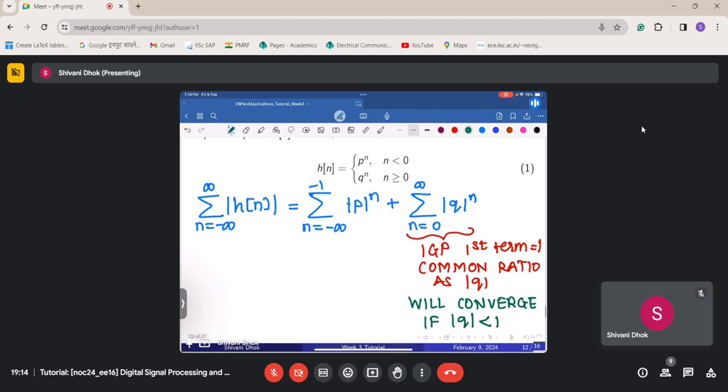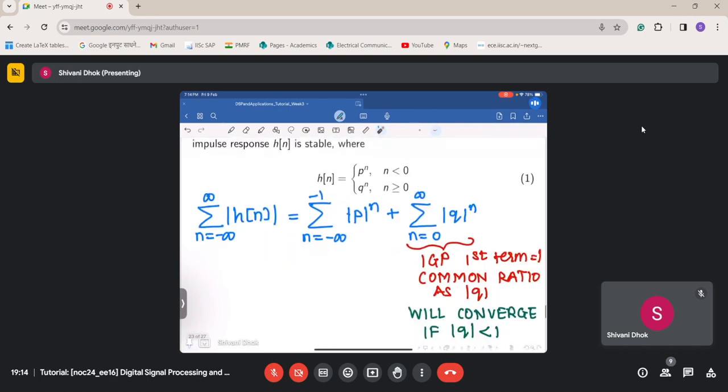So I now have a handle on this second term: it will converge when magnitude of q is less than 1. But for the entire summation to converge, this term should converge and the other term should also converge. So now let us look at this term here.